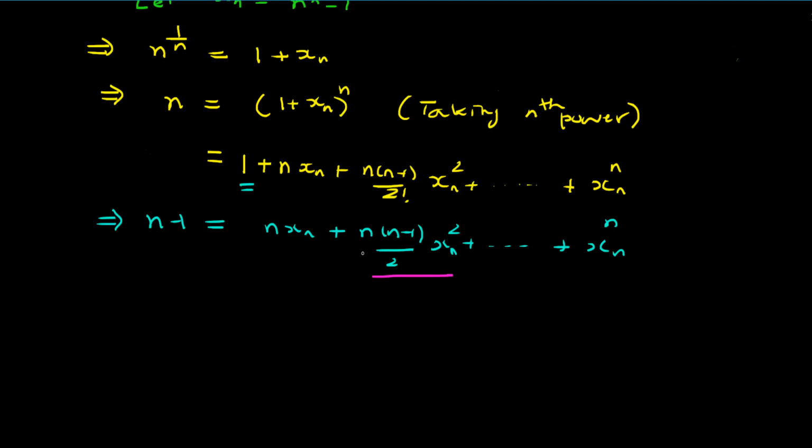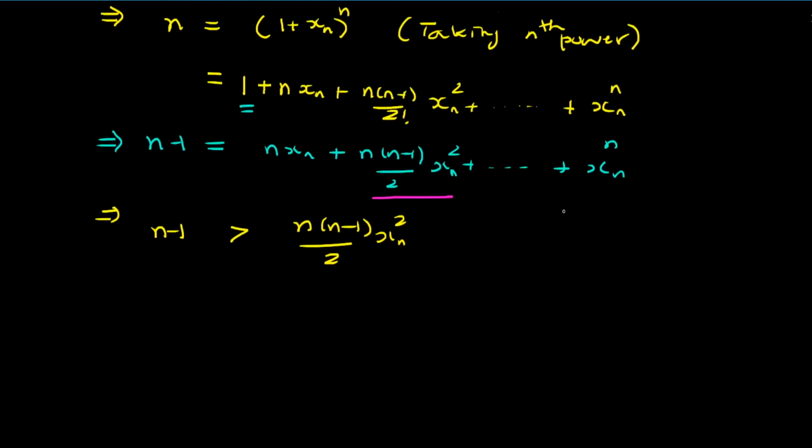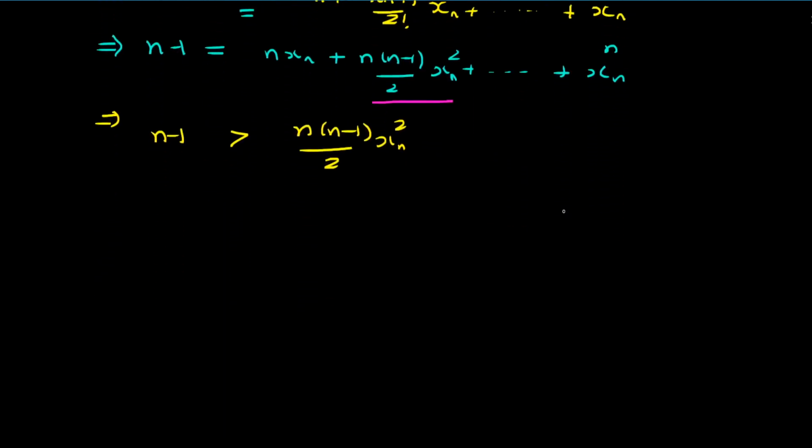Okay. So I can write this implies n minus 1 is greater than n into n minus 1 by 2 into xn square. Remember that all terms here are positive because n is positive and xn is also positive. Okay, so this is valid.